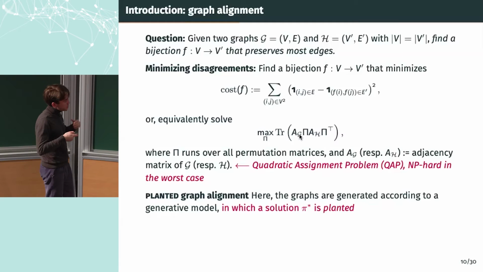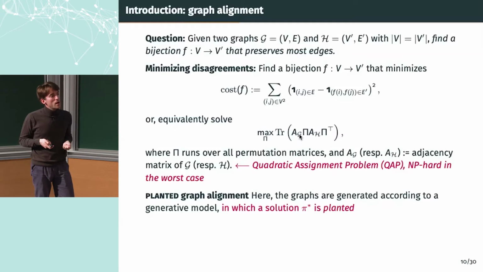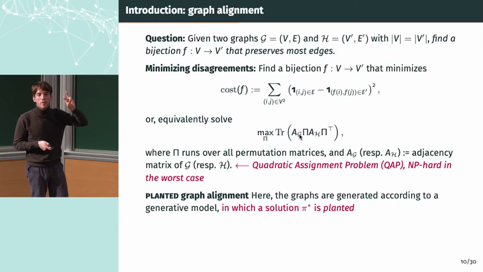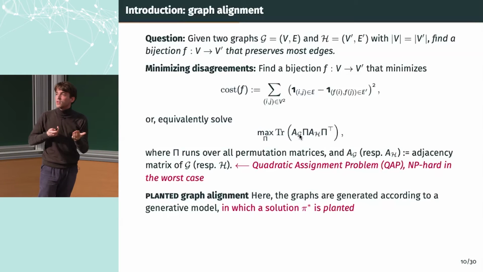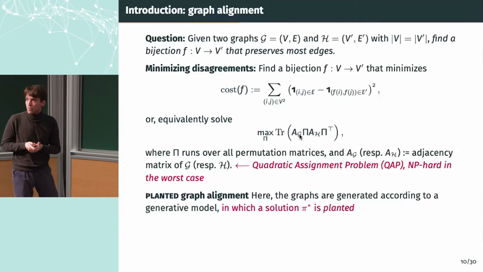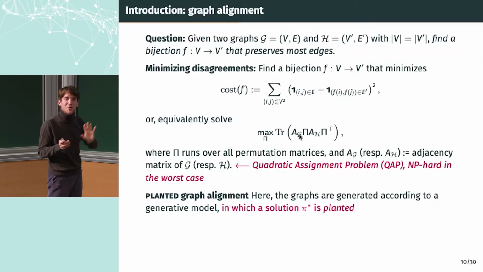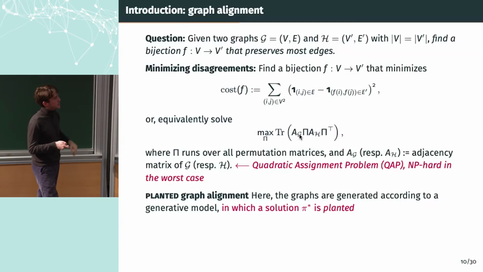They will be generated according to a generative model, but in this model I will plant a solution, in this case a permutation which will be the correct solution to the problem. Then, of course, I will add some noise, etc. But this is supposed to be echoing the first slides. This is the planted setting for this problem.